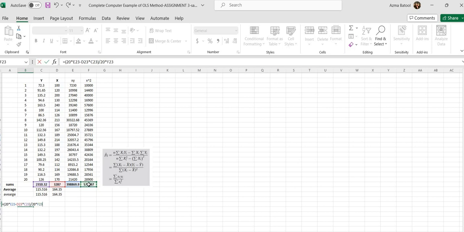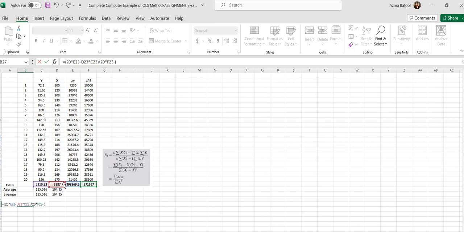I have to have brackets also in the denominator, but I'll do it later. Minus, now what do we have? Summation x whole square. Summation x is right here. So summation x is 3287.